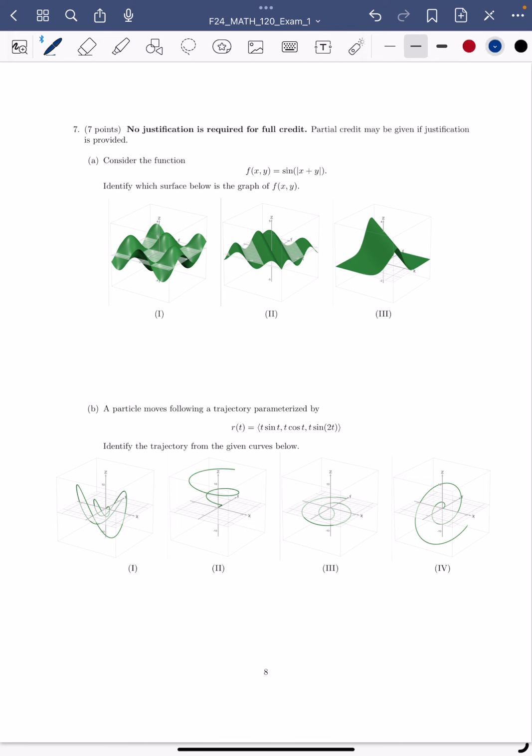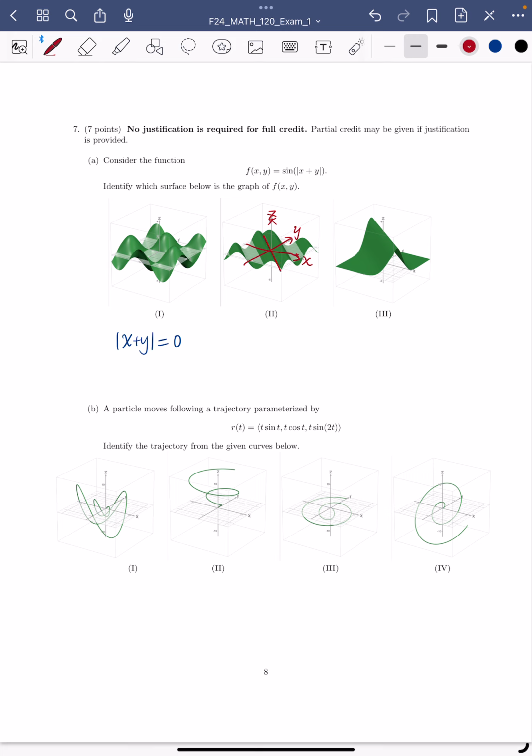So let's see if x plus y is, say, 0, then we have z here and x here, y there. So x plus y equals 0 is in this direction.